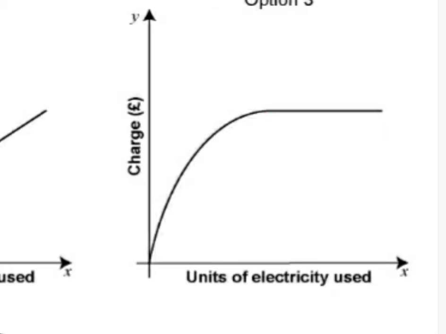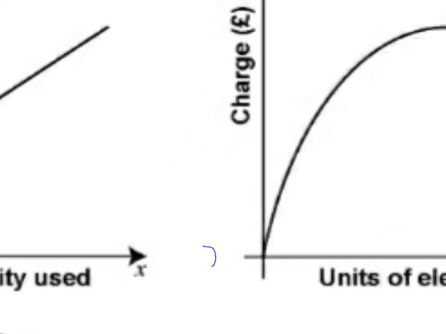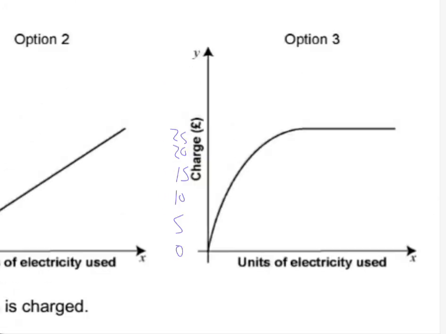So this is how you're going to describe it. First, before we start, let's make an example here, 5, 10, 15, 20, and 25. For example, you will say that the units of electricity you use, or the money you're going to pay, will increase until a certain point.